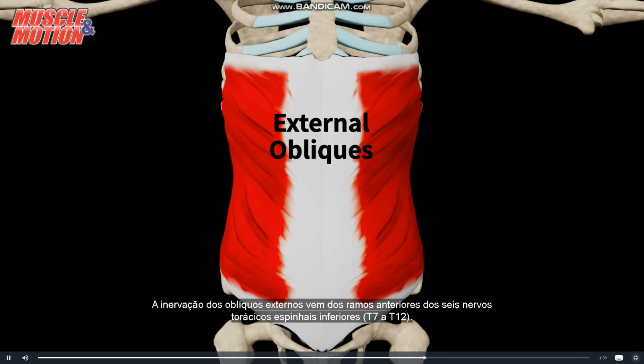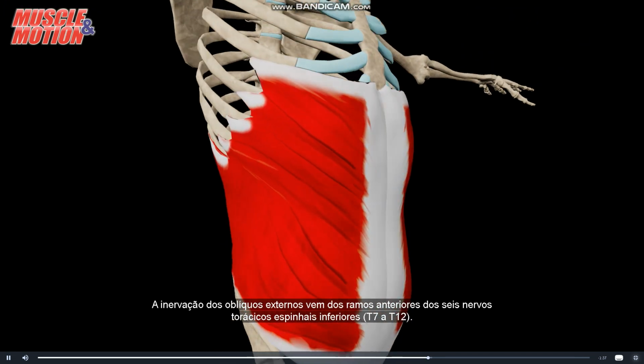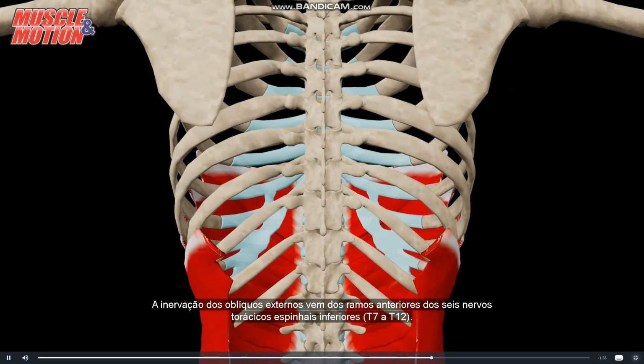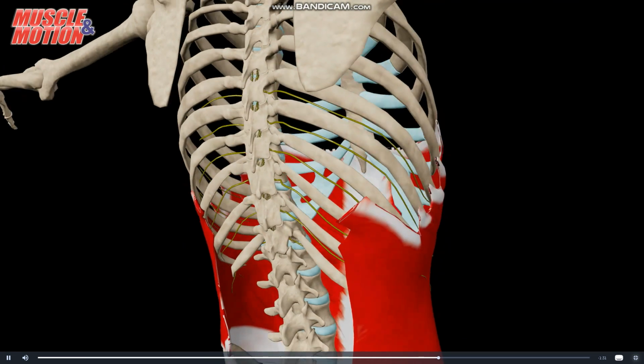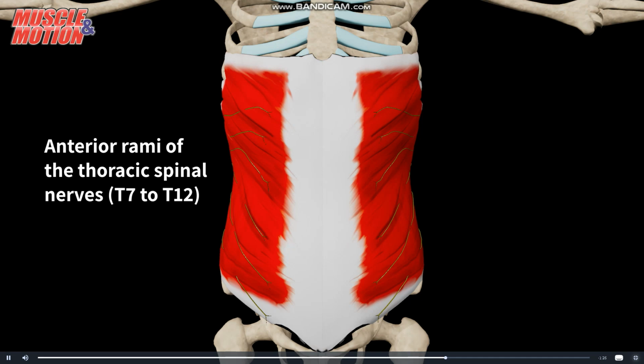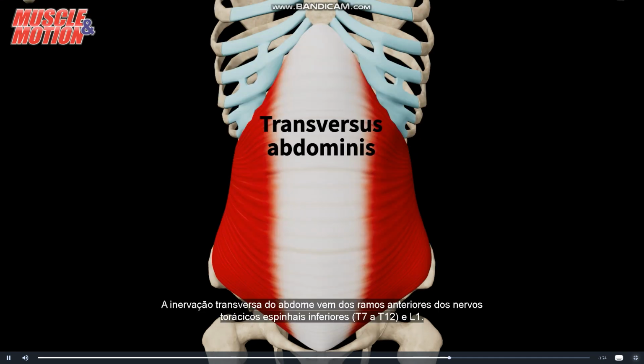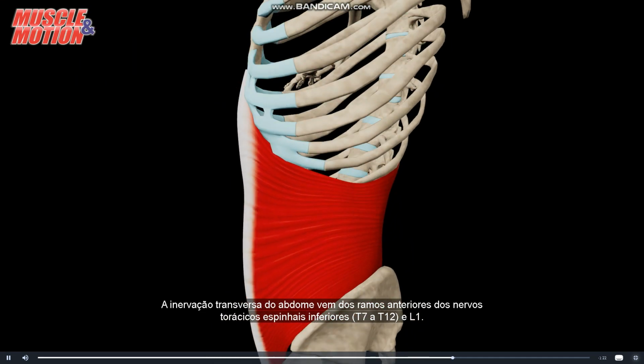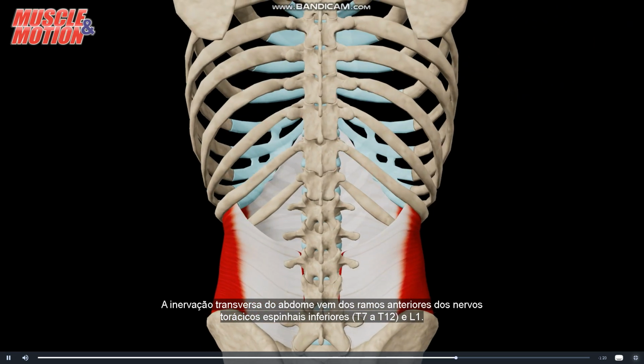The external obliques innervation comes from the anterior rami of the thoracic spinal nerves, T7 to T12. The transversus abdominis innervation comes from the anterior rami of the thoracic spinal nerves T7 to T12 and L1.